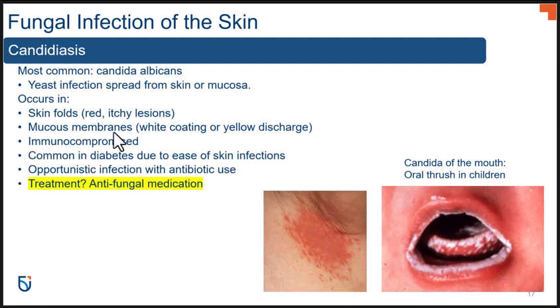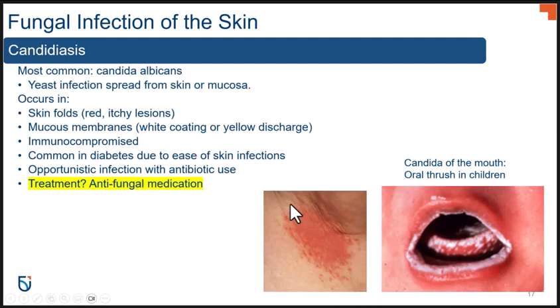It can also occur in mucous membranes. In the mouth, it can cause this white coating that's known as thrush. This can occur in babies. And with the vagina in particular, a yeast infection can cause a yellow discharge.